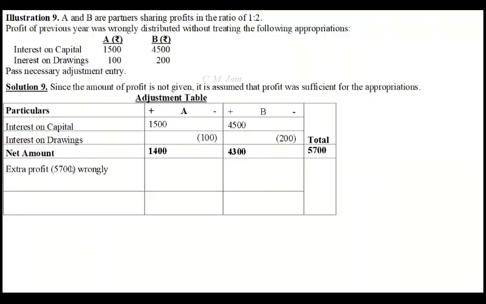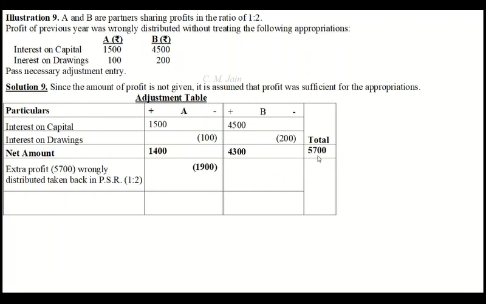So in the next row in the particulars column, write down extra profit within brackets 5,700 wrongly distributed, taken back in profit sharing ratio, that is 1:2. 5,700 in the ratio of 1:2 means 1/3 of 5,700, 1,900 within brackets on the right hand side because it is to be taken back.